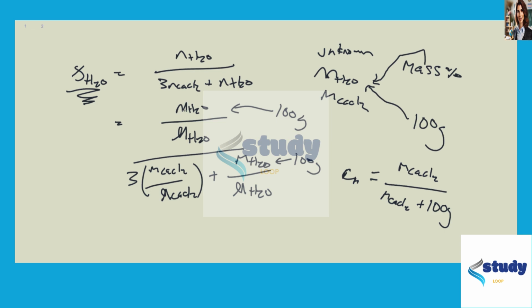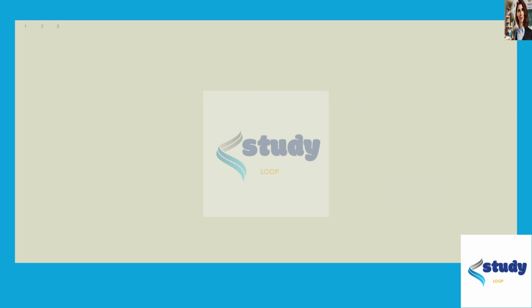Okay, so once we set this to 100 grams, I'm not going to go through the trouble of rearranging all of this, but I will tell you that once you solve this for the 100 gram example, you get 27.7 grams. Okay? And as we said before, concentration is just mass calcium chloride over the mass of solution.